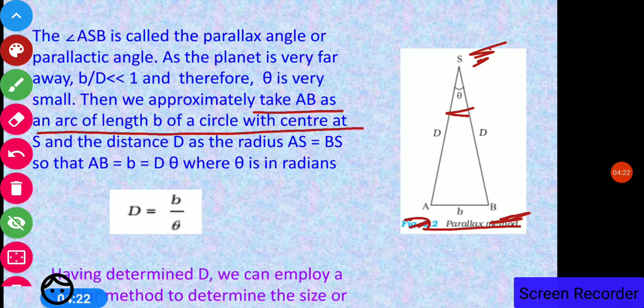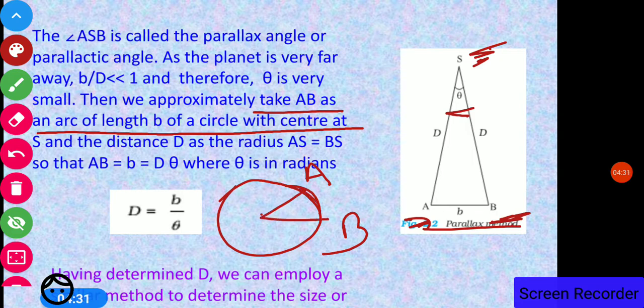Now suppose this is a circle, and the positions A and B form an arc. If the circle is of very large radius, then you will find that compared to a smaller circle, where the arc is more curved, as the radius of the circle increases, the arc, instead of being more curved, looks like a straight line.